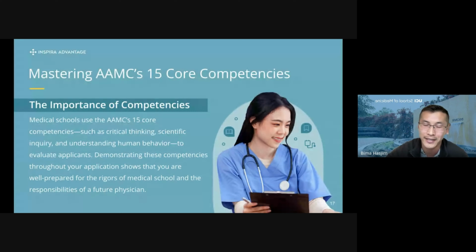Don't think of it as a checkbox, but just make sure that you're not going in the opposite direction of all these other core competencies.